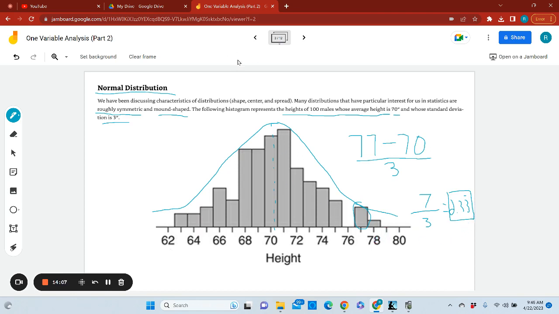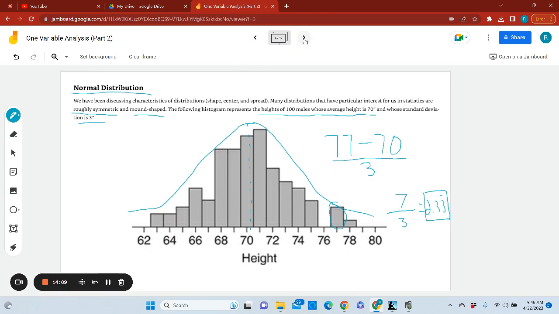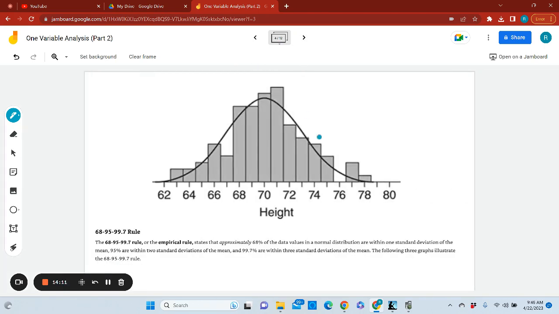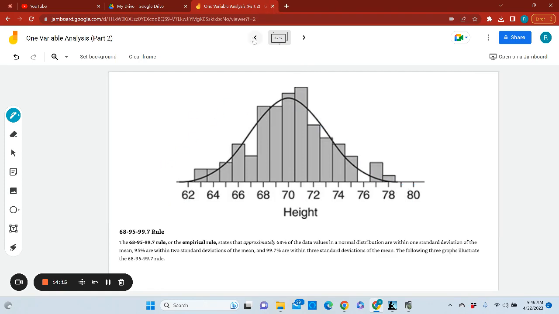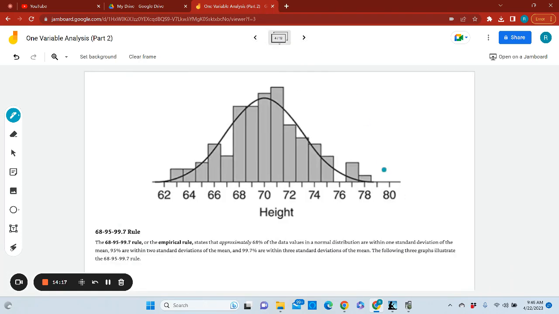All right, but what does that tell us? So we can relate this back to percentiles, right? Here they are drawing in that same smooth curve that I was trying to draw on the last page, right? And you can see again that the bars don't perfectly fit this curve, but that's all right. When we started the year, we used this 68, 95, 99.7 rule, which is called the empirical rule.